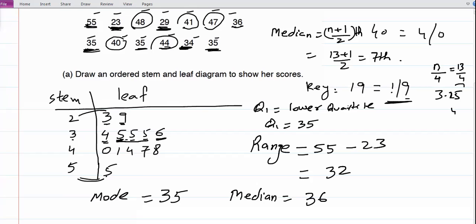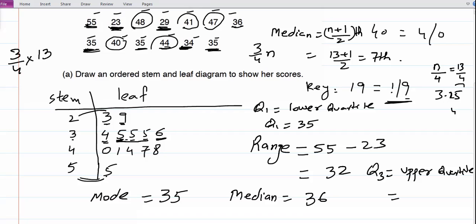Now, if you are asked to find Q3, Q3 is the upper quartile. What is the upper quartile? Upper quartile is 3/4 of the total values. Total values are 13. So 3 over 4 of 13.